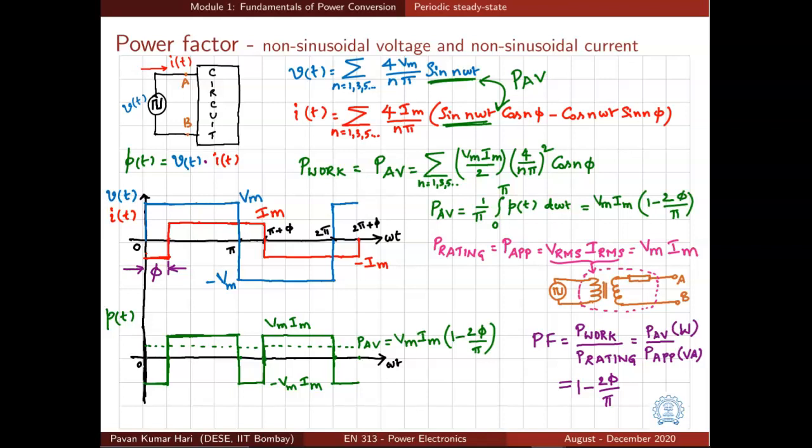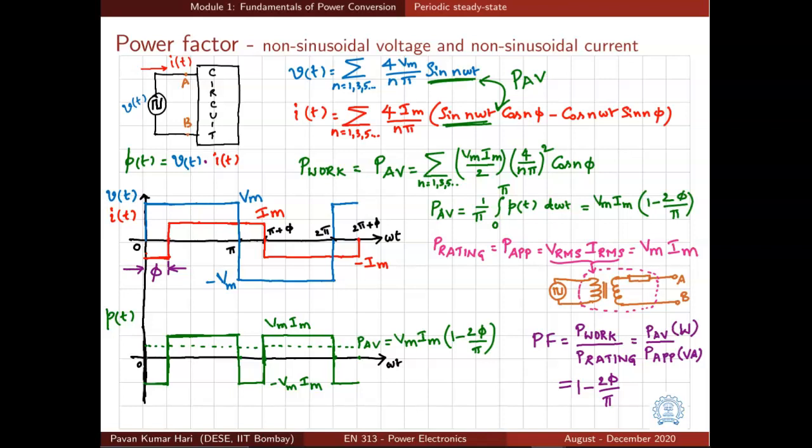Alternatively, the average power can be directly found from the power waveform itself. So if you plot the power waveform, the product of voltage and current, it looks like another kind of square waveform, but of course with non-zero average value.